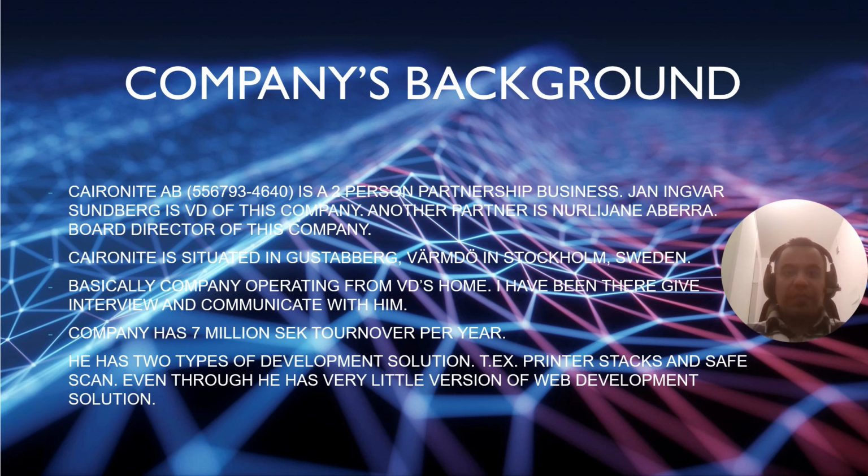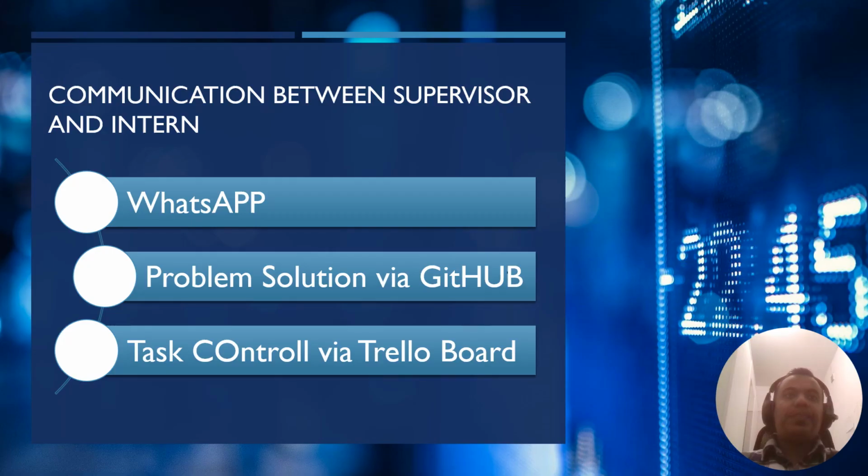I explained everything I did, and my supervisor helped me a lot during my project work. That's the communication pattern: WhatsApp, problem solution via GitHub, and control via the Trello board, where we made tickets for which part I had to do.